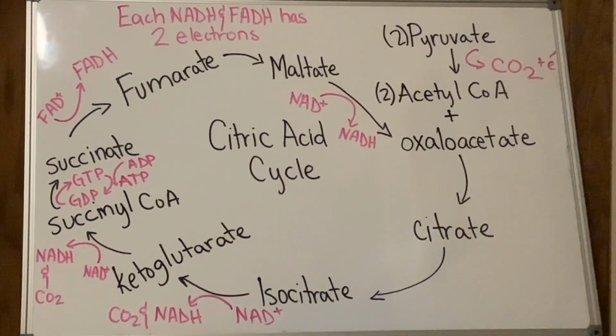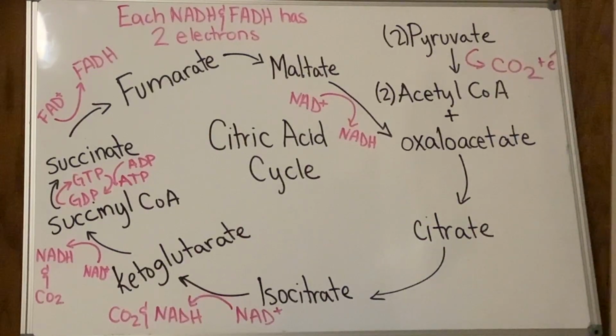The other key steps of the citric acid cycle include, in between isocitrate and ketoglutarate formation, another NADH. In between ketoglutarate and succinyl-CoA, we form another NADH and carbon dioxide.